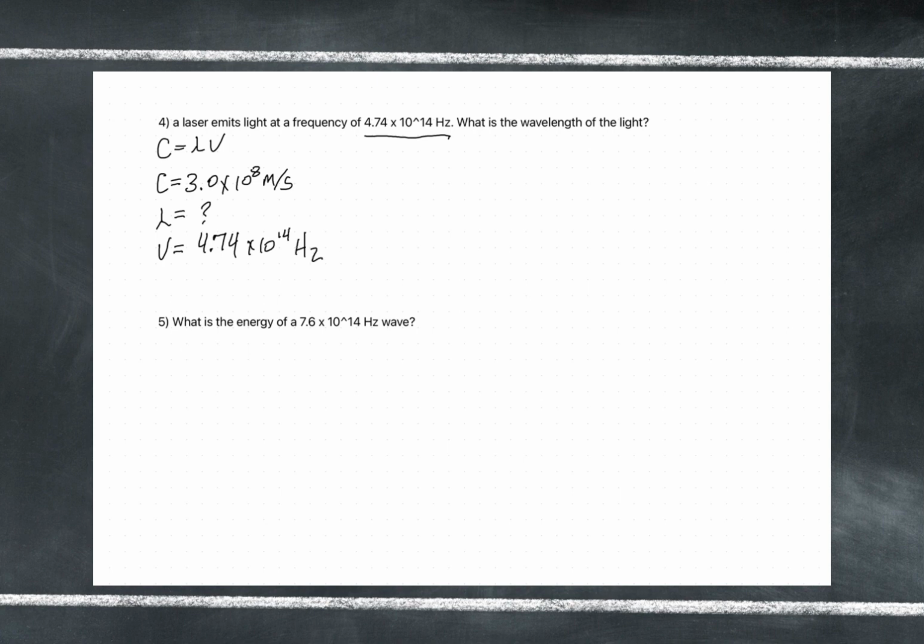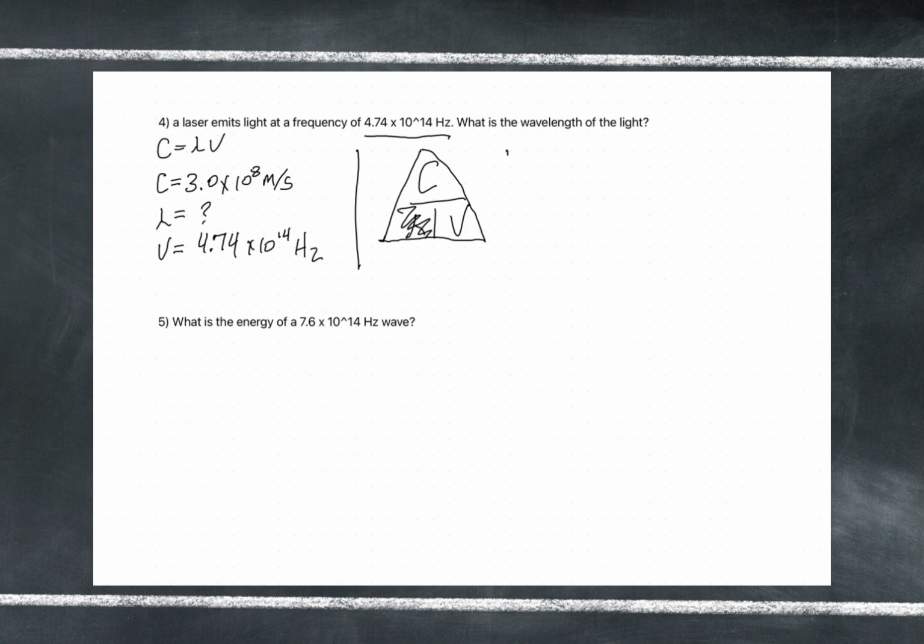Okay, this is in appropriate units, so we don't have to worry about anything further. All we have to do now is solve for wavelength. If we draw a triangle out, c, lambda, and v, and we cover up our wavelength, that's going to give us c over v, or speed of light divided by frequency.